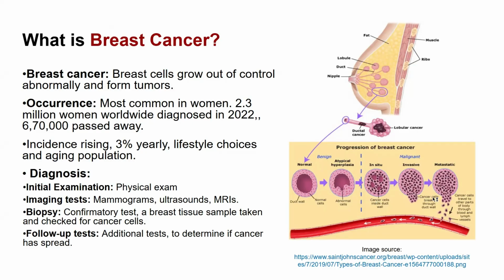When these cancer cells break through the duct wall, they are called invasive cancer. And when cancer cells travel to other parts of the body, either through blood streams or lymph vessels, they are called metastatic. This gives rise to the malignant property of the cancer. That means they can travel to other body parts and can cause tumors or cancers there.